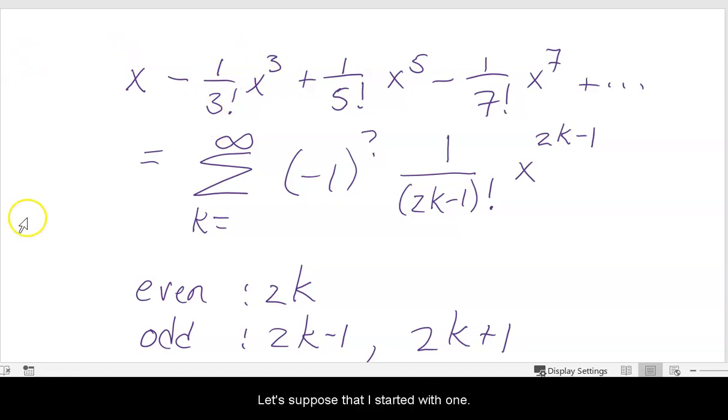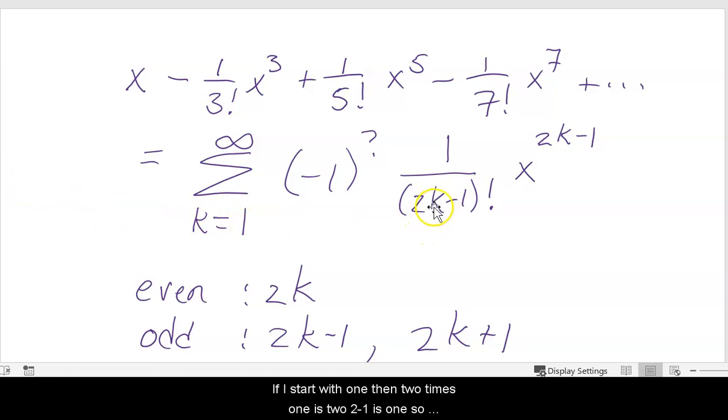Let's suppose that I started with 1. If I start with 1, then 2 times 1 is 2. 2 minus 1 is 1. So I get 1 over 1 factorial, which is 1. This would multiply it by x to the first. That would generate the x here.